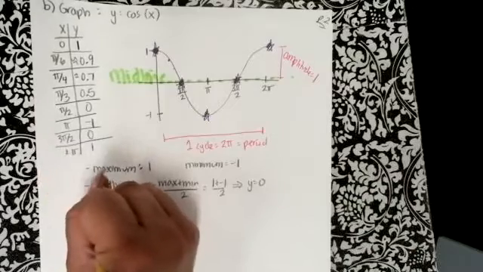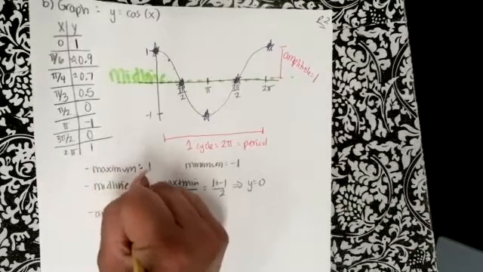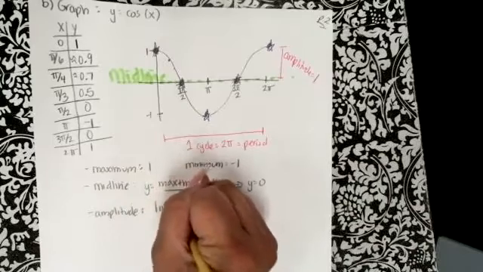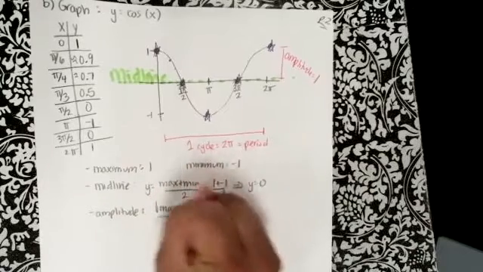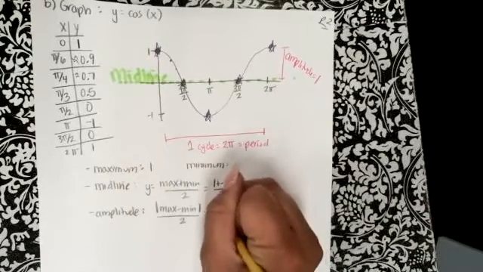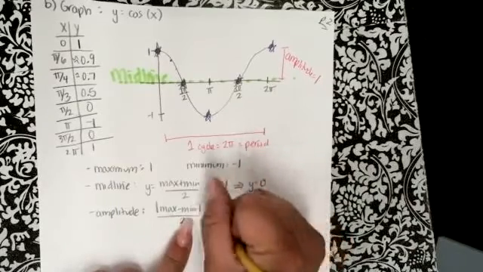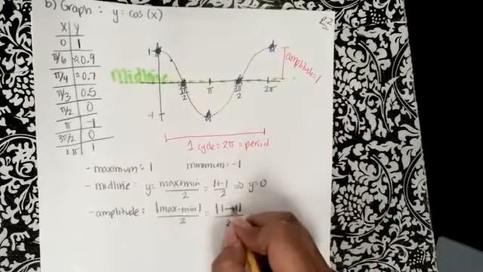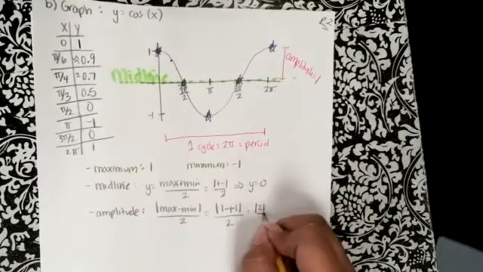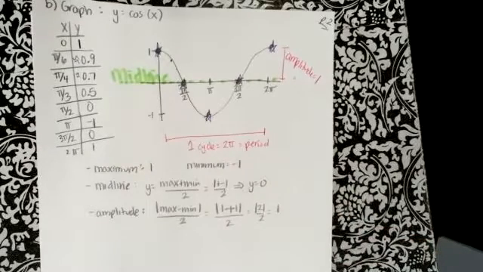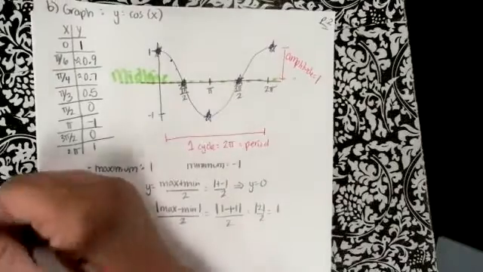The amplitude is the absolute value of the max minus the min divided by 2, which is 1 minus negative 1. That makes a plus sign, so I'm left with the absolute value of 2 over 2, which is equal to 1. And like before, the amplitude is always positive.